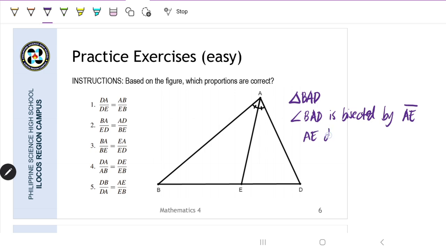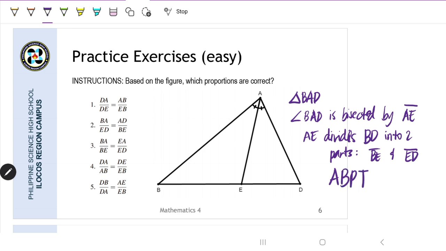So AE divides segment BD into two parts, and those two parts are BE and ED. So let's determine which of these proportions hold true using the ABPT or the angle bisector proportionality theorem.